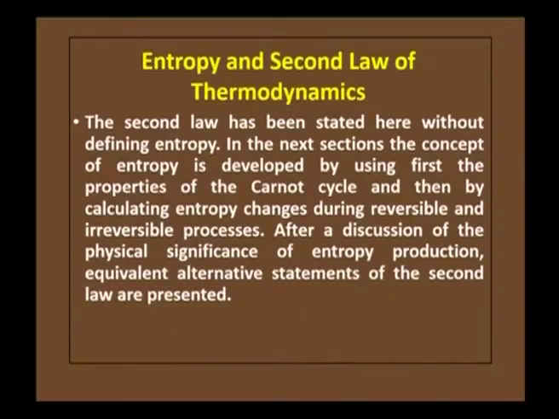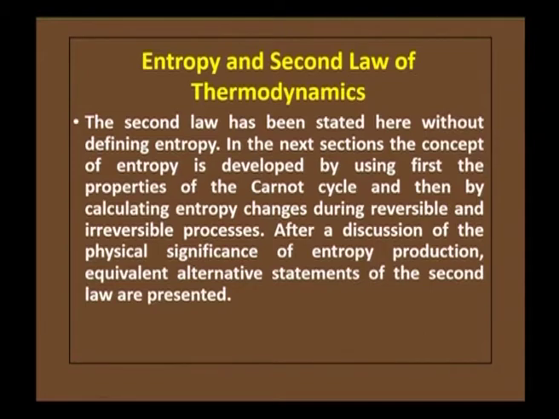It is quite possible for the entropy of a system to decrease in an actual process, but it will always be found that the entropy of other systems with which the first interacts increases by at least an equal amount. The second law has been stated here without defining entropy.